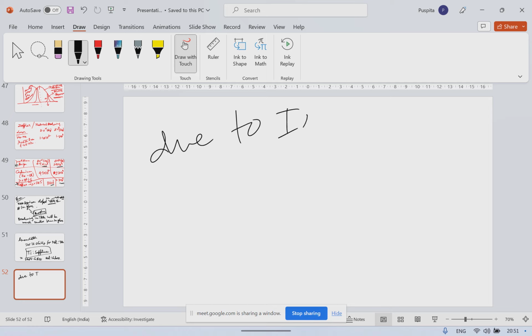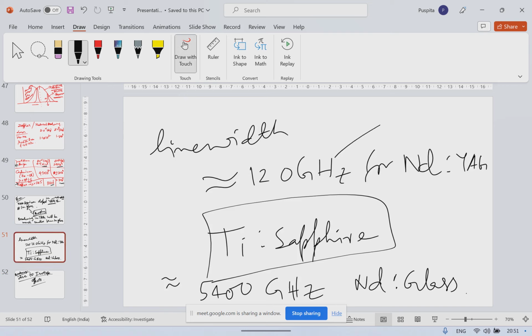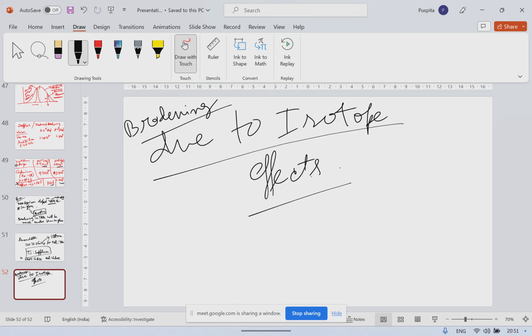due to isotope effects. It will determine the frequency shifts due to more than one isotope of a particular atom.